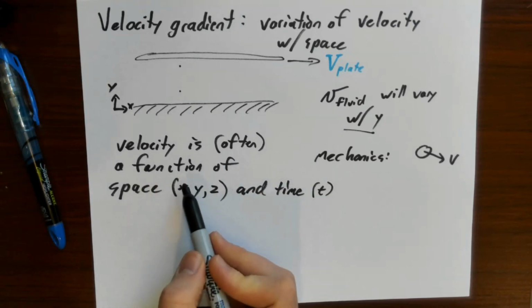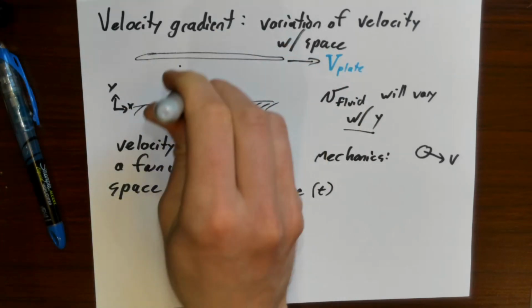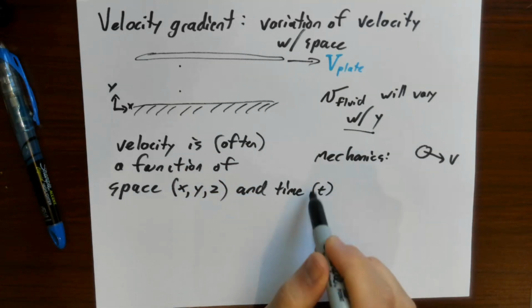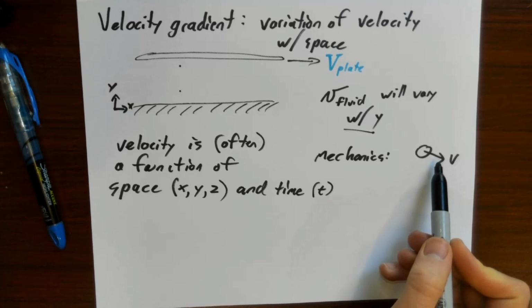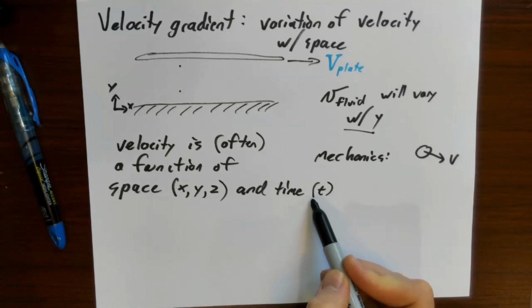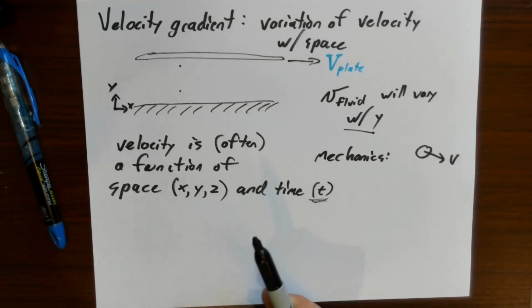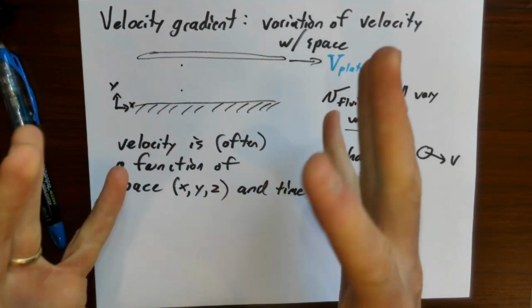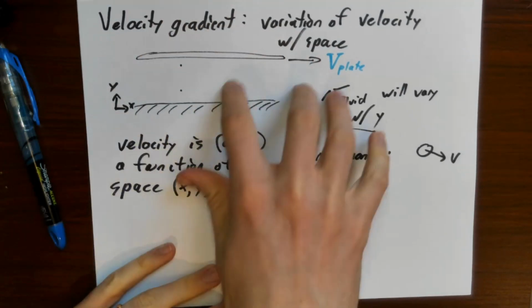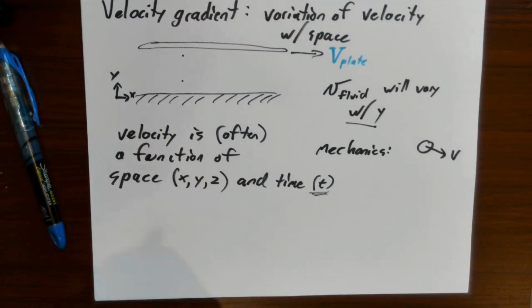So velocity could vary depending on where we are in the fluid and also at what time we're analyzing all of those velocities. And this is in contrast to mechanics, where usually we describe velocity just as a function of time. We didn't really describe spatial variations in velocity. But for fluids, we need to keep track. We need a function to describe the velocities of all of those different fluid particles.